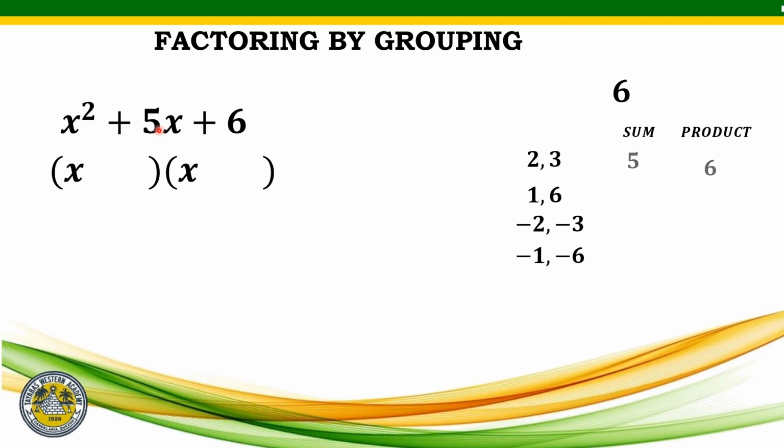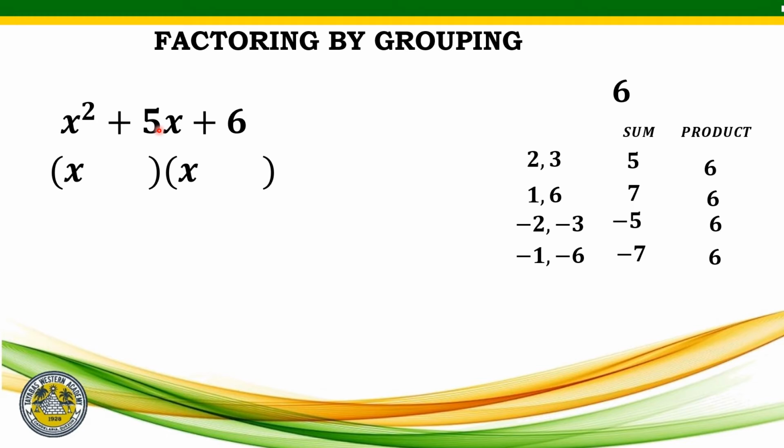So, yung sum ng 2 and 3 ay 5. So, yung product is obviously 6. 1 and 6 ay 7 ang kanilang sum. Ang negative 2 and negative 3 ay negative 5 ang sum. And negative 1, negative 6 ay negative 7 ang kanilang sum.